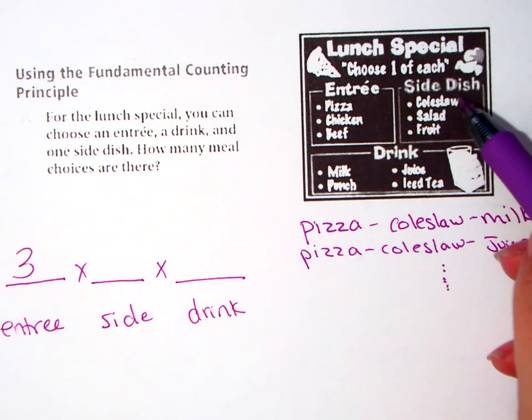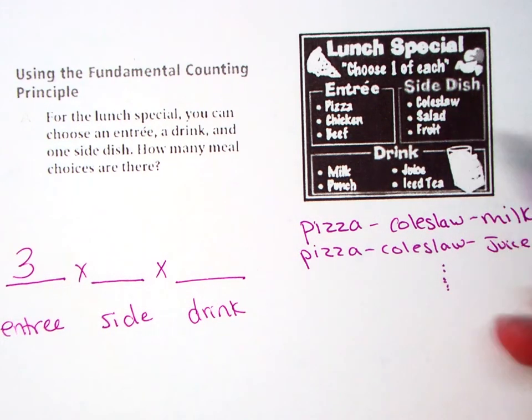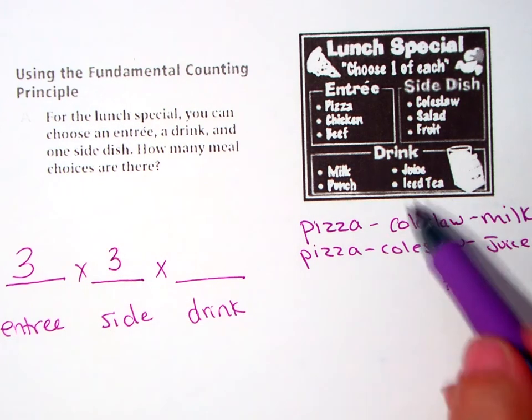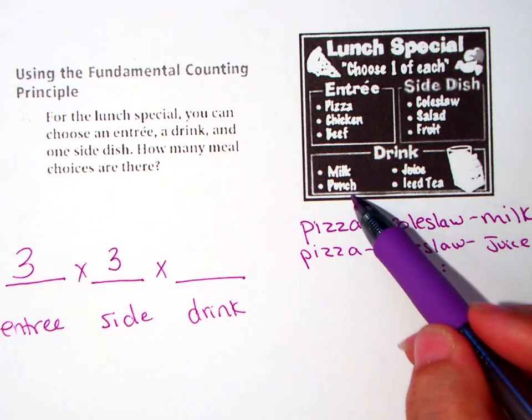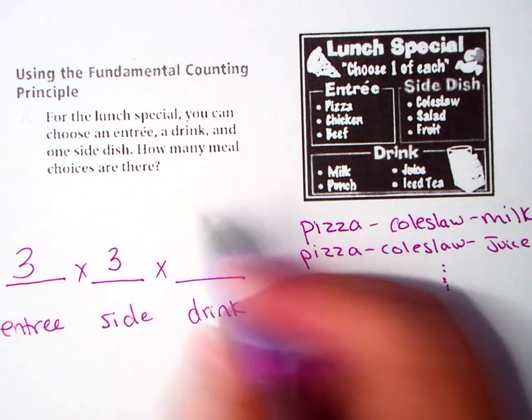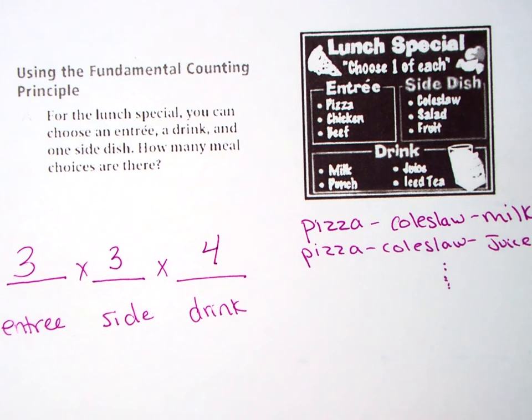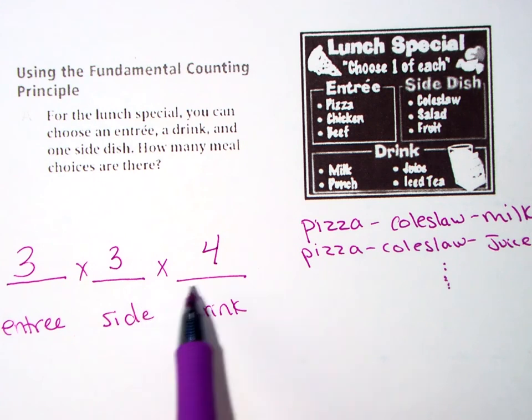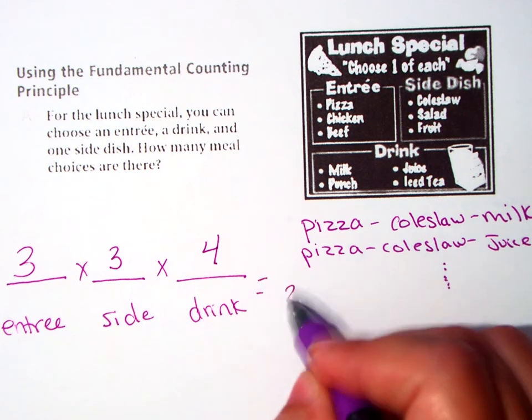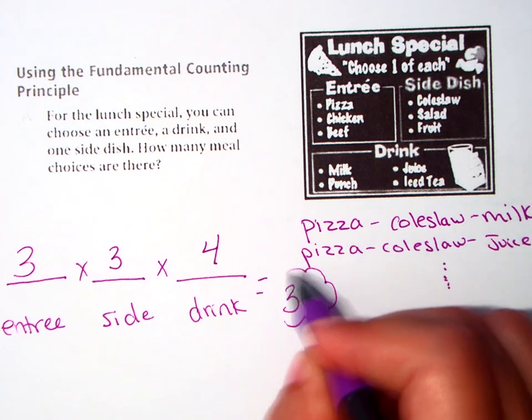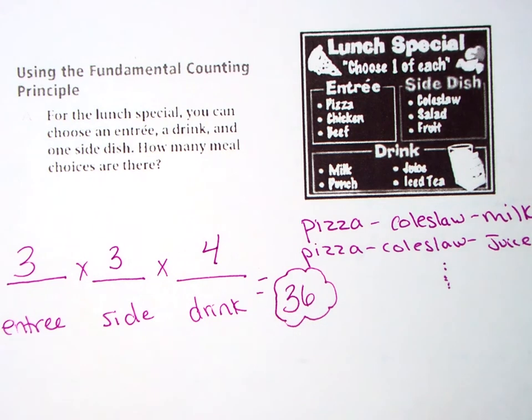How many sides do we have? We have coleslaw, salad, fruit. We have 3. How many drinks do we have? Milk, punch, juice, iced tea. We have 4. So if I were to use my calculator, and I want you guys to use your calculator, 3 times 3 is 9. 9 times 4 is 36. So there are 36 possible outcomes.